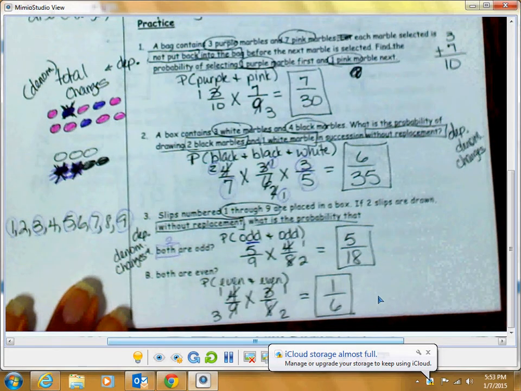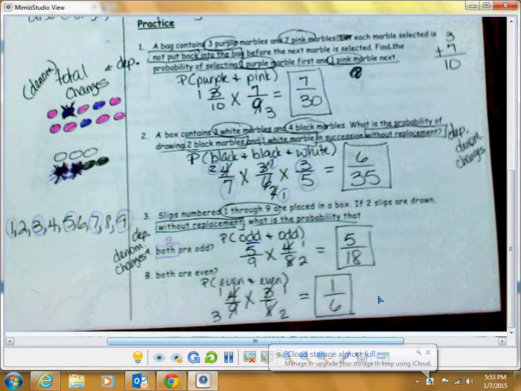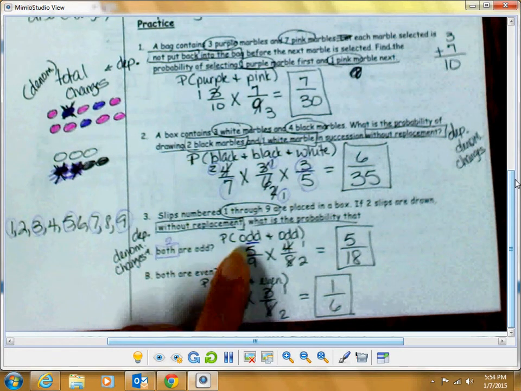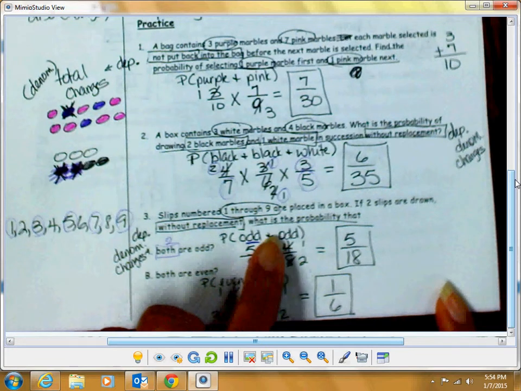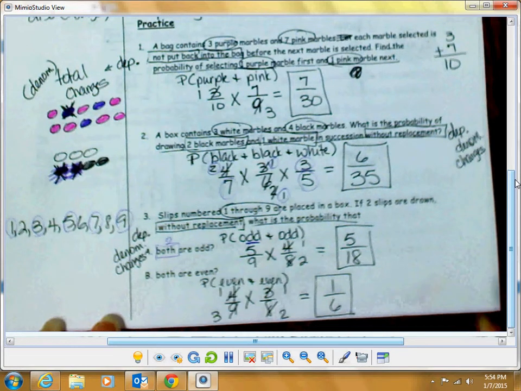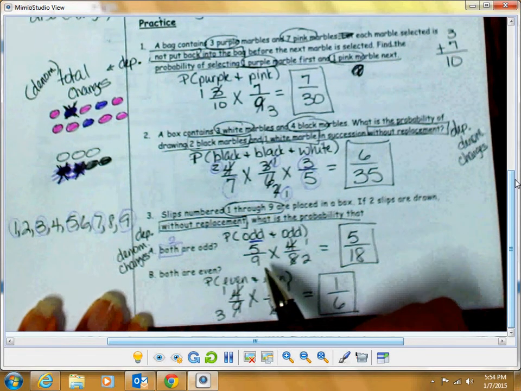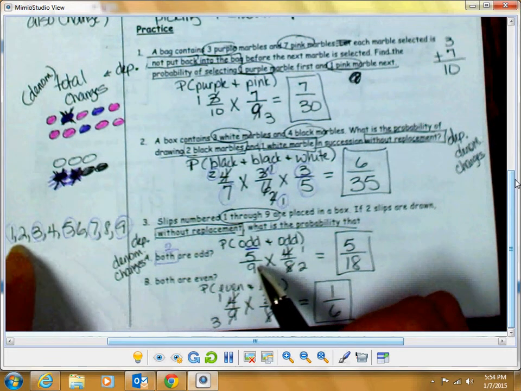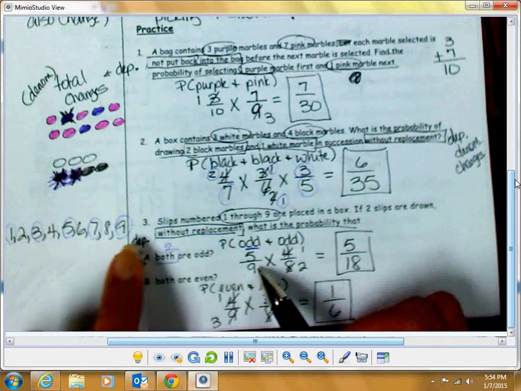So if both are odd, then I'm looking for an odd first and then an odd again. That's why we have the probability of odd and odd. When I first looked at my sample space, I circled all the odd numbers, 1, 3, 5, 7, and 9.